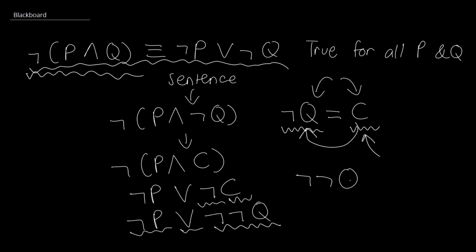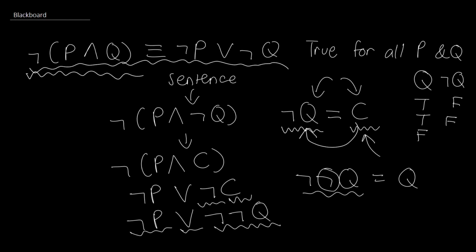Now, this seems complicated, but not not Q is actually equivalent to Q itself. Because remember, not just means that you're flipping the statements around. So if Q has the table TTF, then not Q flips it around, right? So you get FFT. And if you add another not to that, then it flips it around again.